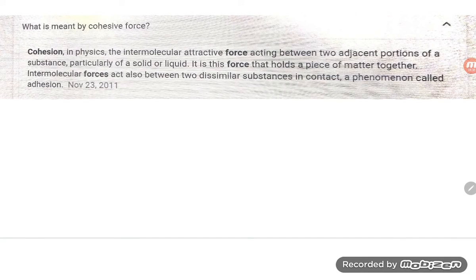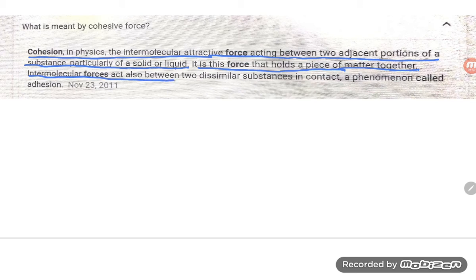What is meant by cohesive force? Cohesion in physics is the intermolecular attractive force acting between two adjacent particles of a substance, particularly of a solid or liquid. It is the force that holds a piece of matter together.